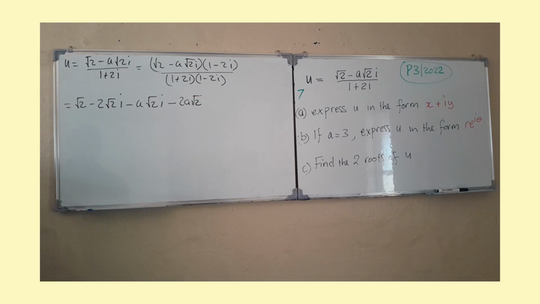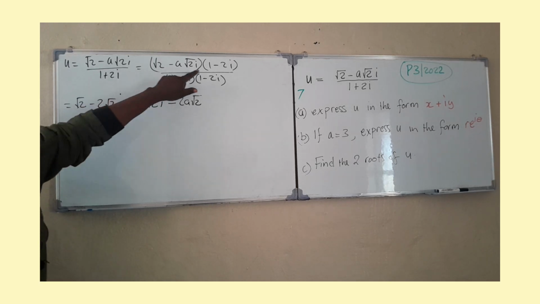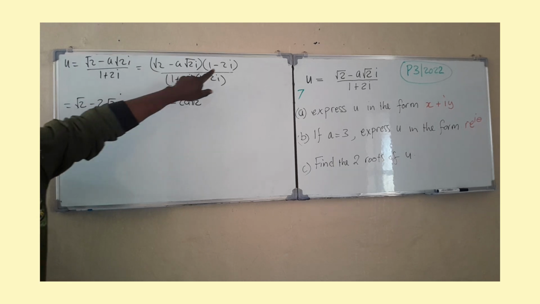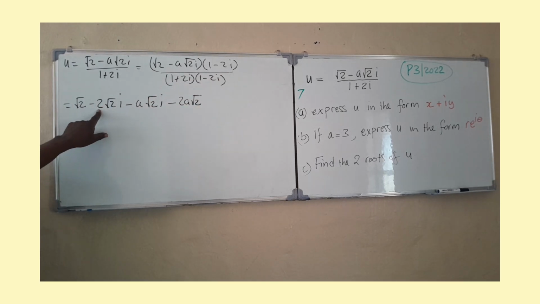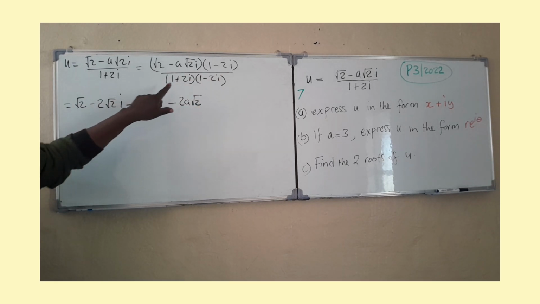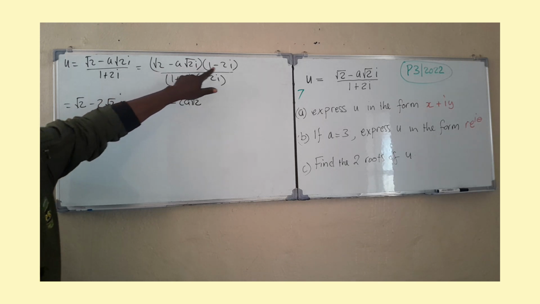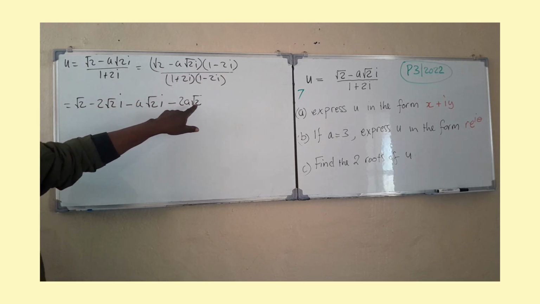Okay, let's make sure we get that right. We multiply this by 1, we get root 2. We multiply this one by minus 2, we get minus 2 root 2i. Then we multiply this by 1, we get that. And we multiply this by that, we get minus 2a root 2.